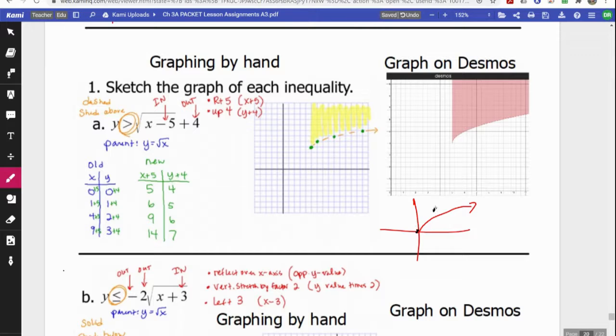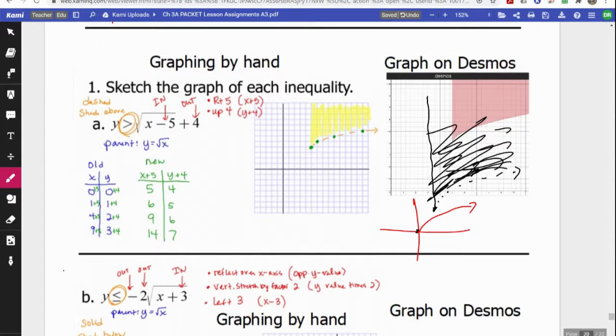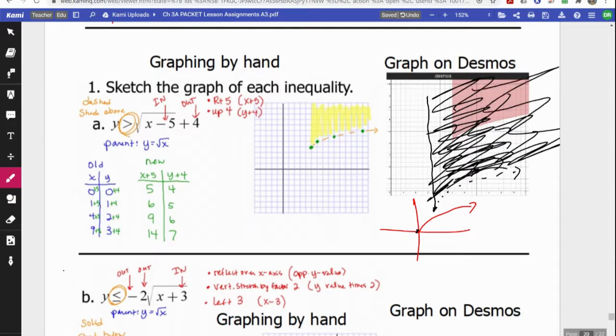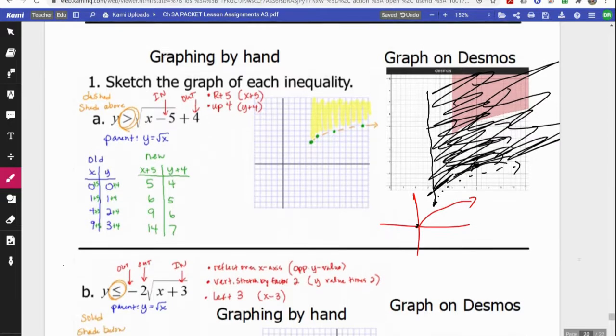So it's right there or so, and it's a dotted line. It goes off that way. And then I just need to shade above it. So I'm shading above my new dotted line, but I have to be careful because this one in particular has a boundary right here where I won't cross, nothing to the left of that boundary, because anything to the left would be an imaginary number in our equation. Okay, so that was a fun one.